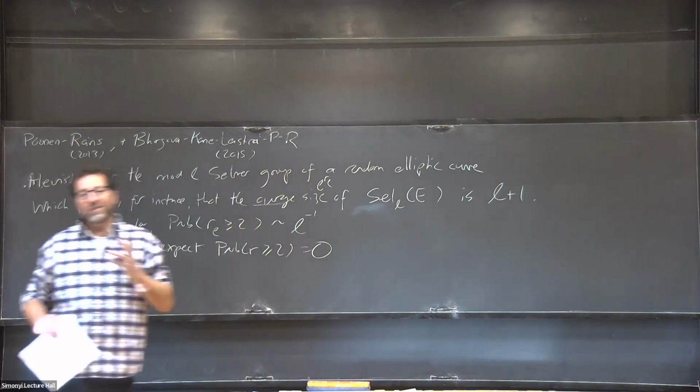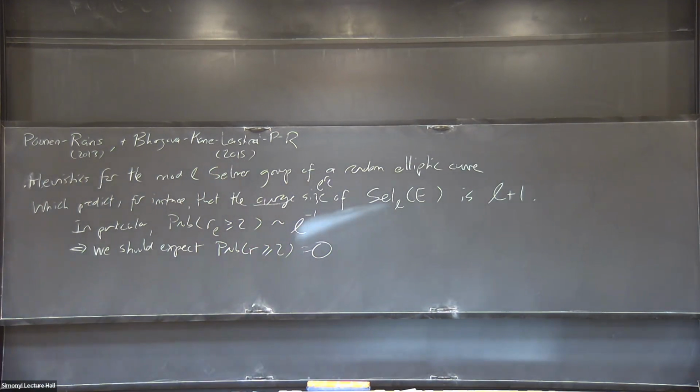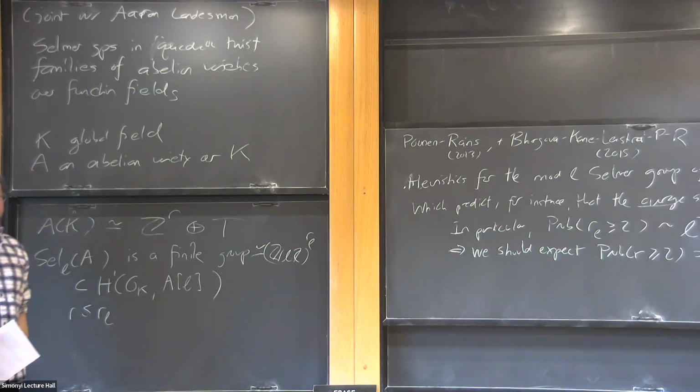So this is in keeping with this philosophy, which I guess goes back to Goldfeld, that we should expect high rank, where high means 2 or bigger, to be quite rare.